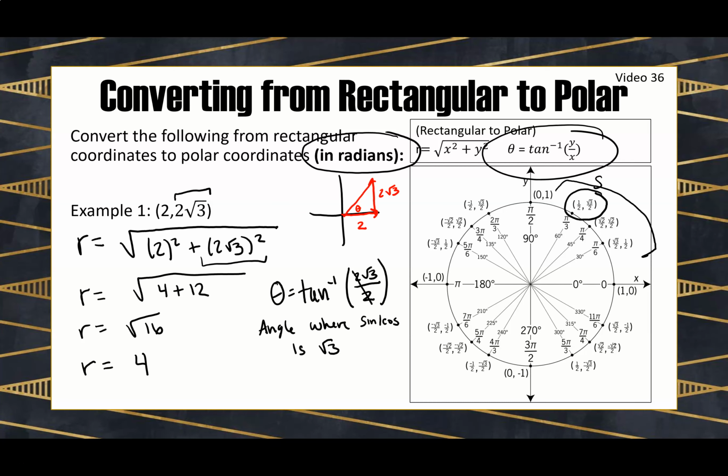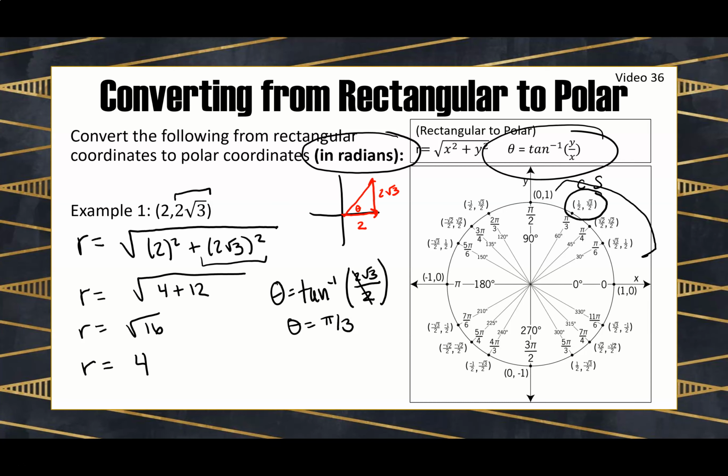If I do my sine divided by my cosine, so that's going to be root 3 over 2. If I'm dividing by 1/2, that's the same thing as multiplying by the reciprocal. In this case, the reciprocal is 2 over 1. So this right here, what I've just done is sine divided by cosine. The 2's cancel, and I'm left with root 3. So I know that that answer is pi over 3. So theta here is going to be equal to pi over 3.